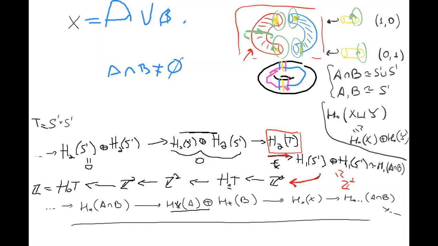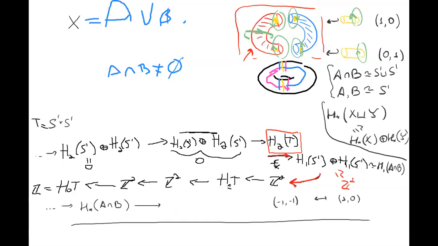So does 1, 0 go to -1, -1? Okay, so 1, 0 maps to -1, -1.